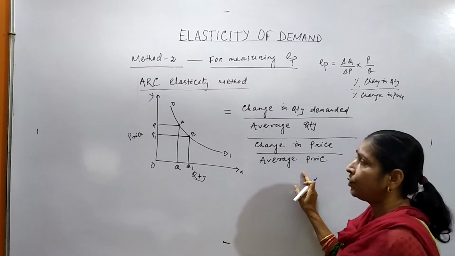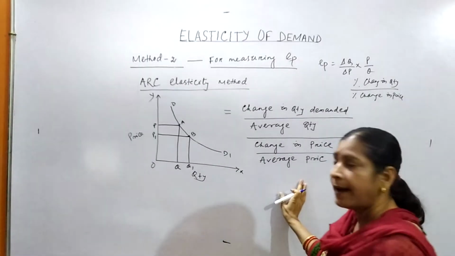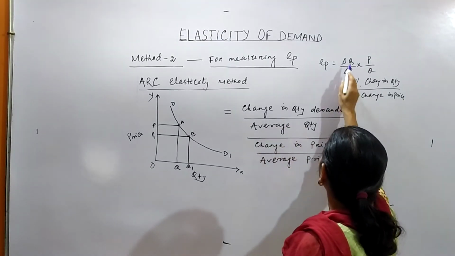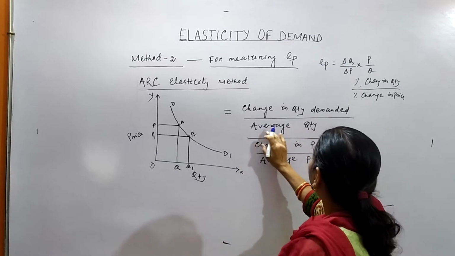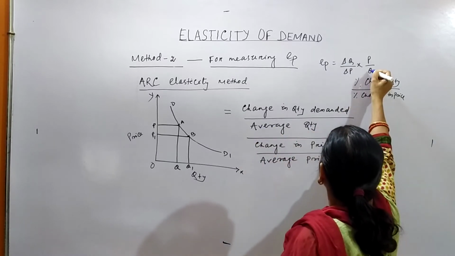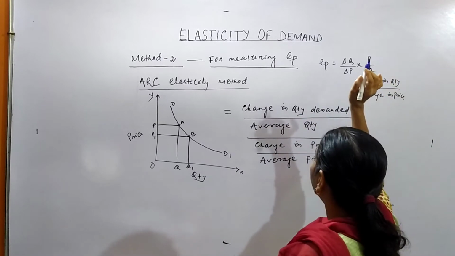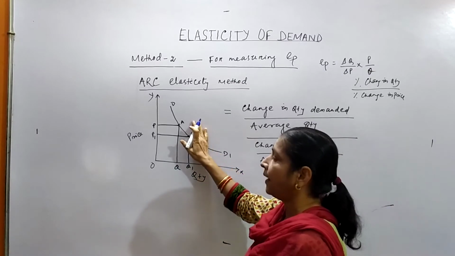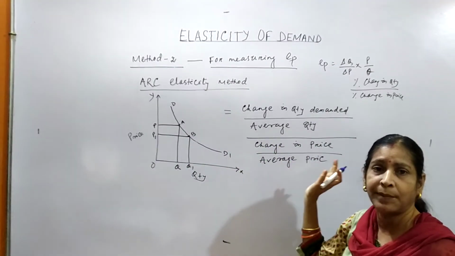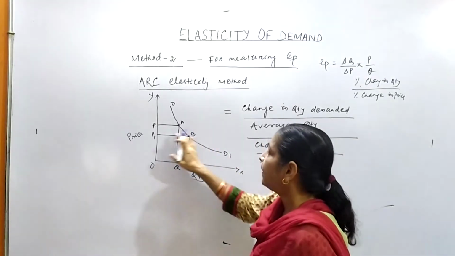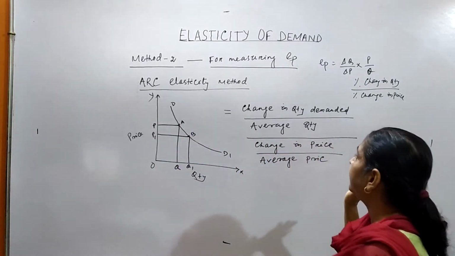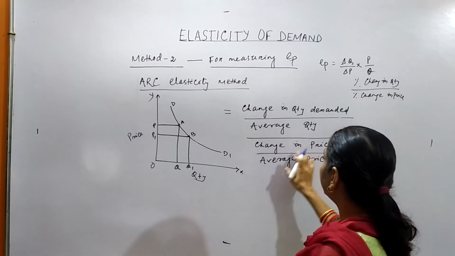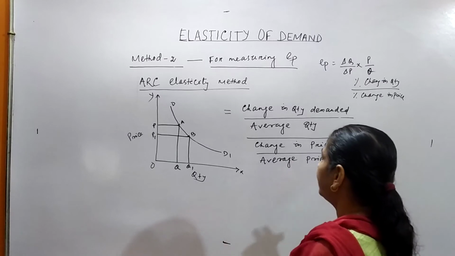So here we have to take the average of price and quantities. So the formula in this case is change in quantity, that means delta Q divided by average quantity. There it was only Q, the initial quantity, but here it is average quantity, because here there are two quantities, and we do not know which is initial and which is final. So we have to take the average of the two quantities. So change in quantity demanded divided by average quantity, whole divided by change in price by average price.